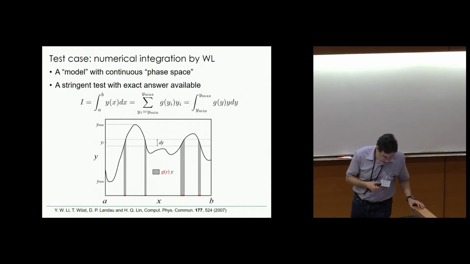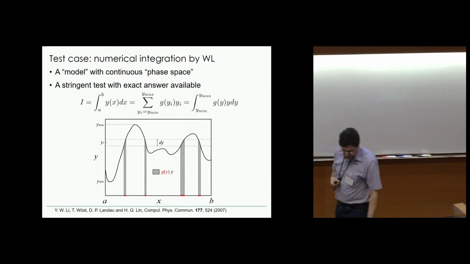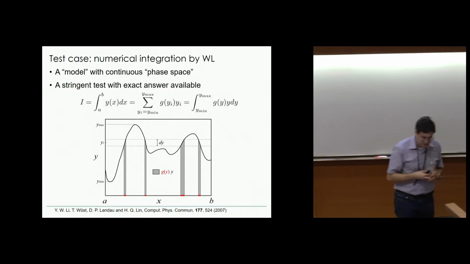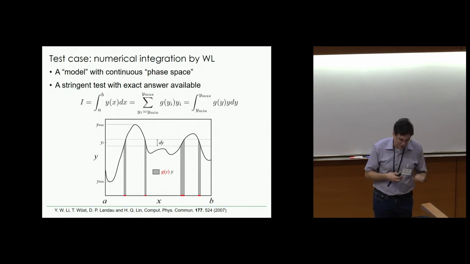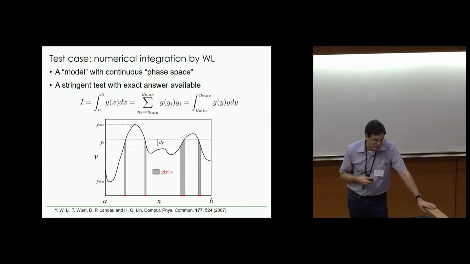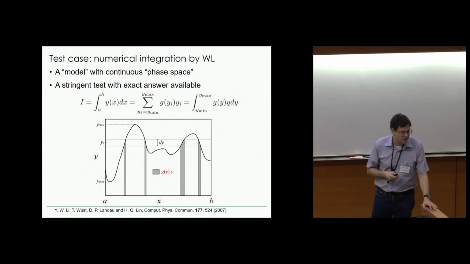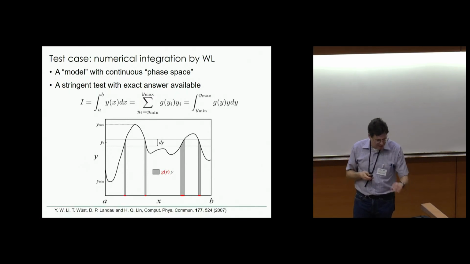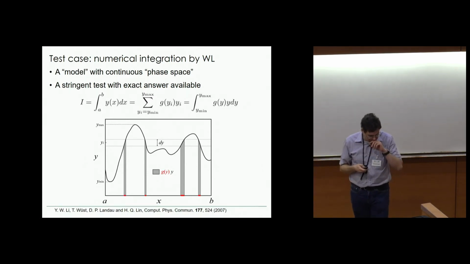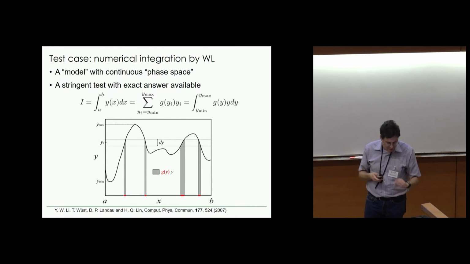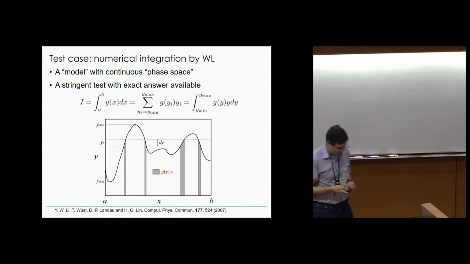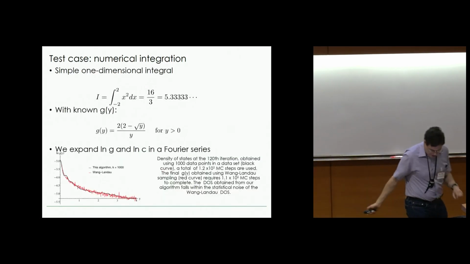Now, some examples of what we got out of this. The first test case is actually not high dimensional but one dimensional. We use this to do a Monte Carlo numerical integration of a 1D function, and compare this with the Wang-Landau way of doing this integration.